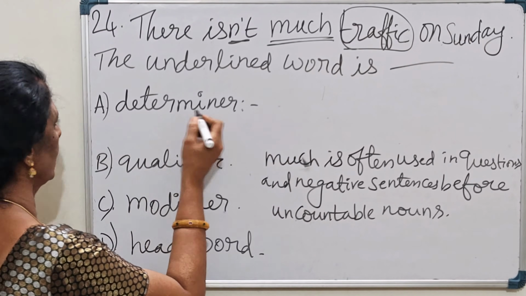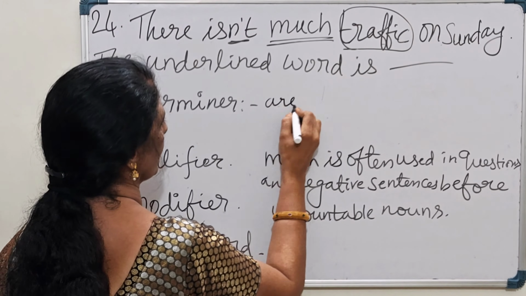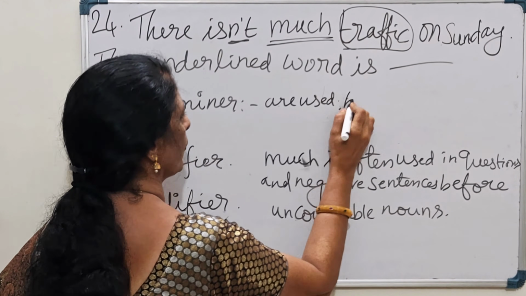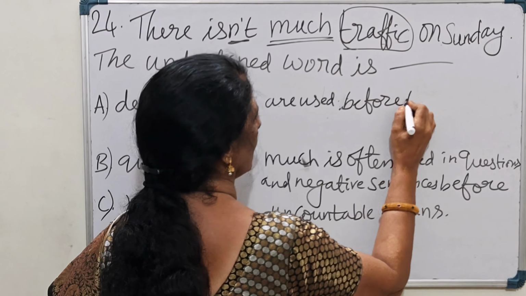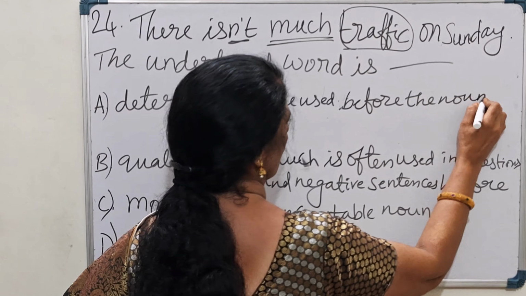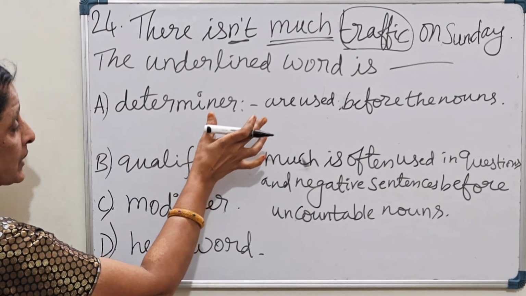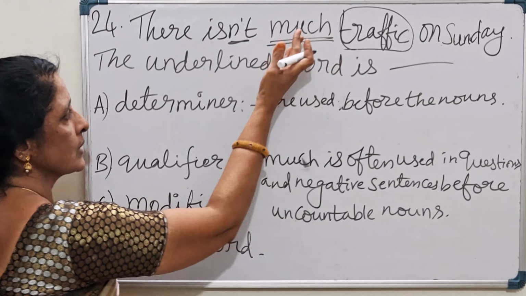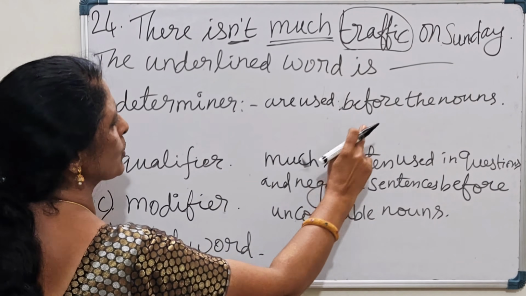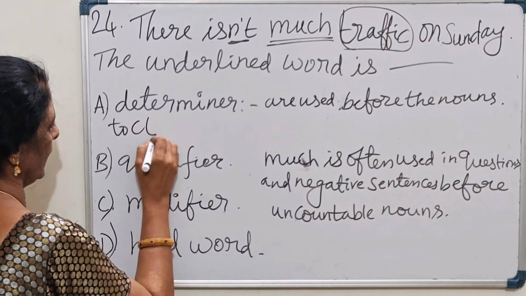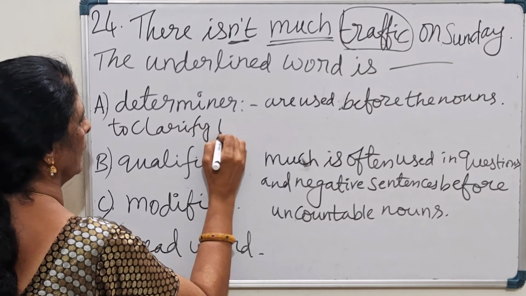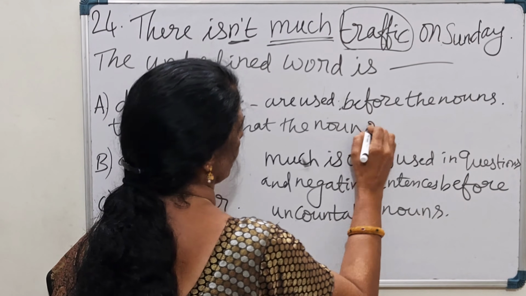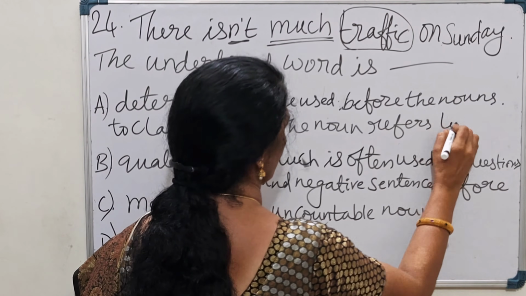Okay, now we will see the determiners. Determiners are used before the nouns. You see here what I told, only one line I am saying now. Determiners are used before the nouns to clarify what the noun refers to.